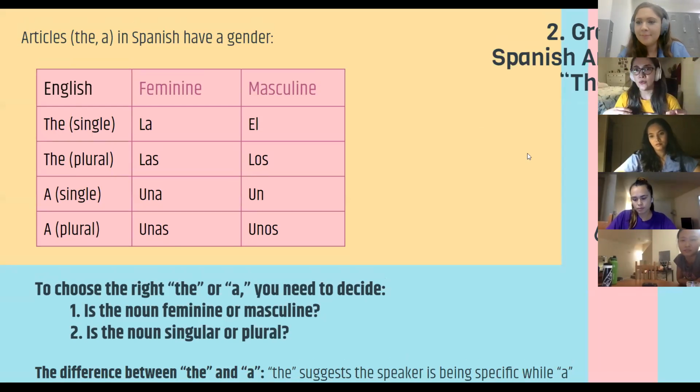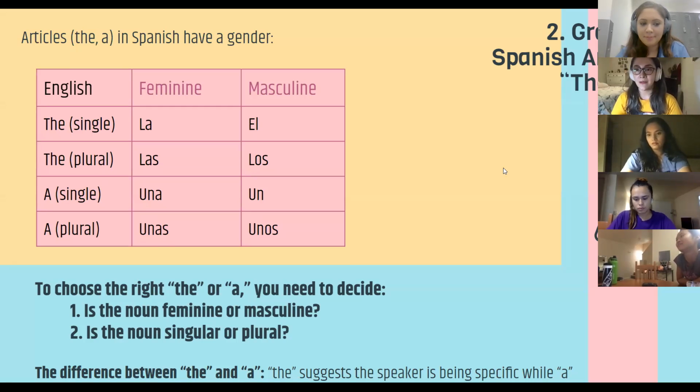As you continue practicing Spanish, you're going to memorize it and it'll come naturally. But at first, you can just remember that if a word ends with the letter A, then it's feminine. And then other cases exist where it might end with an O or an E, and in that case, it will be masculine.